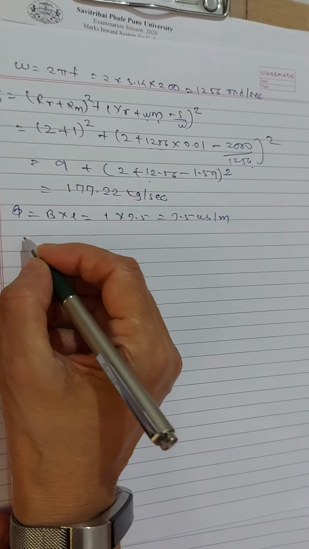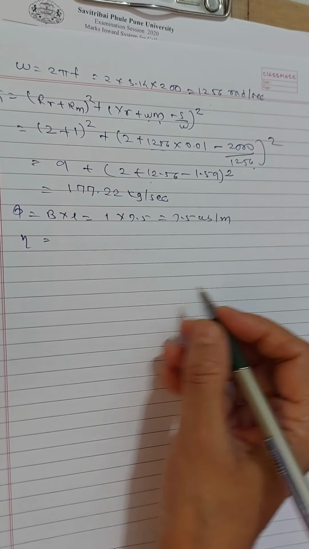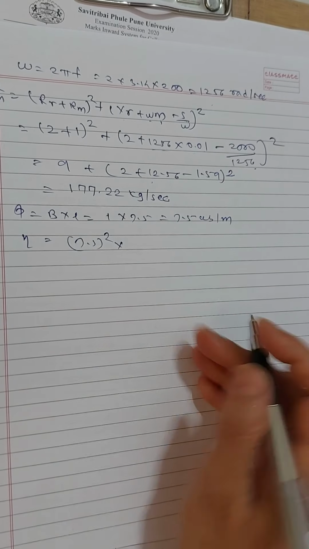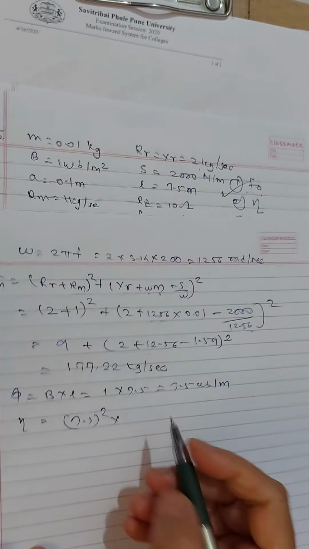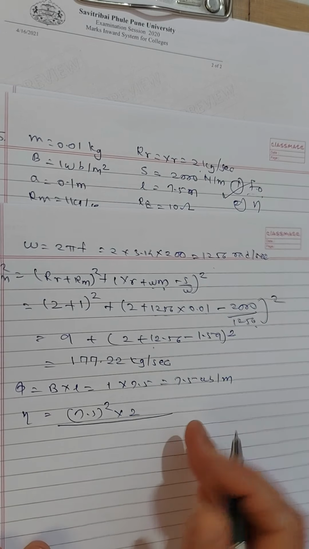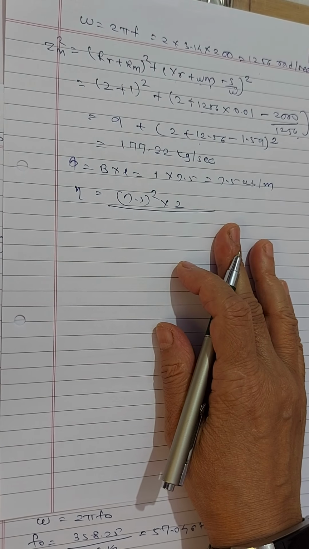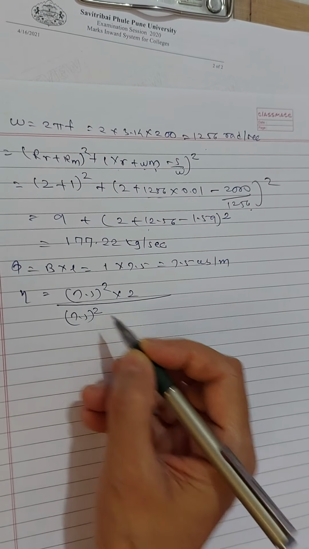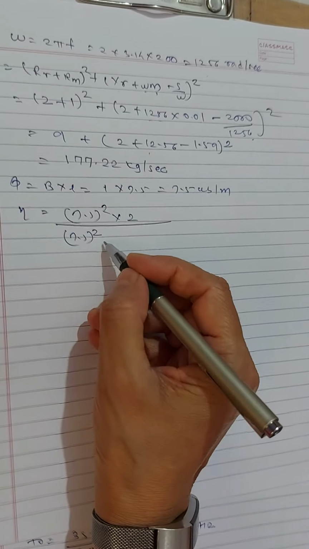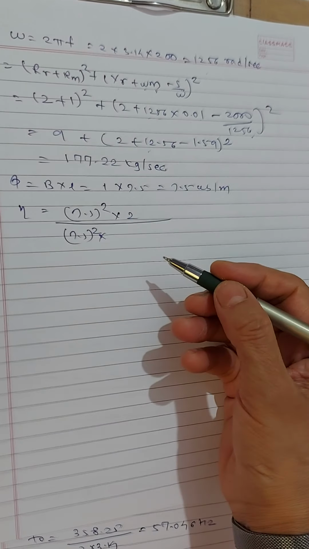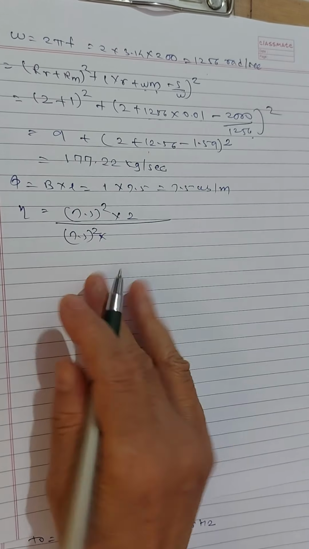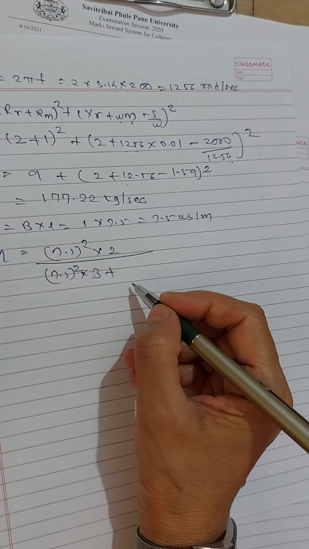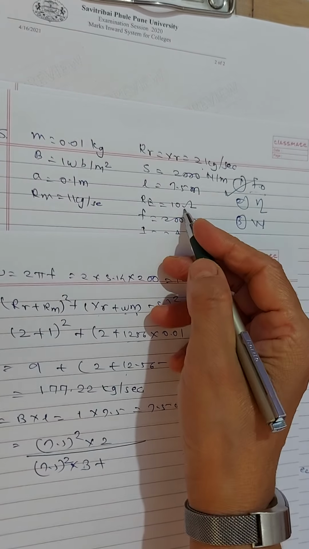So efficiency is equal to phi square, which is 7.5 bracket square into RR. How much is RR? RR is 2, divided by phi square, 7.5 square into RR plus RM. Don't cancel this. How much is RR plus RM? It is 3. Plus RE. How much is RE given to you? 10 ohms.